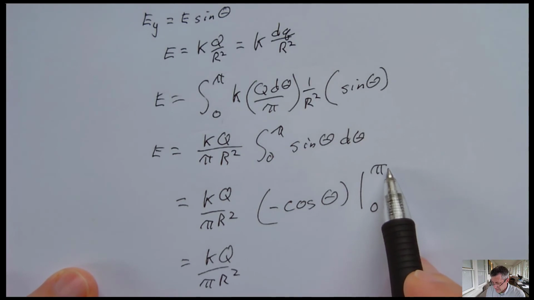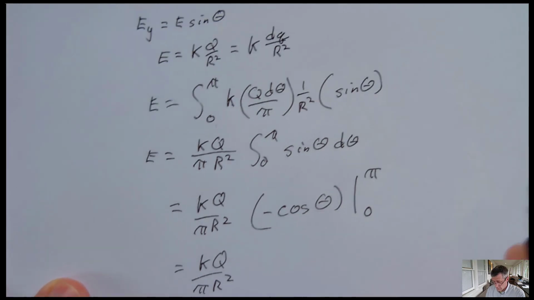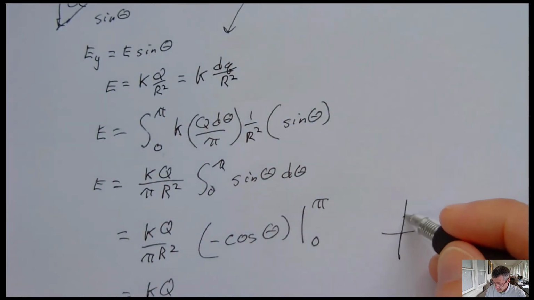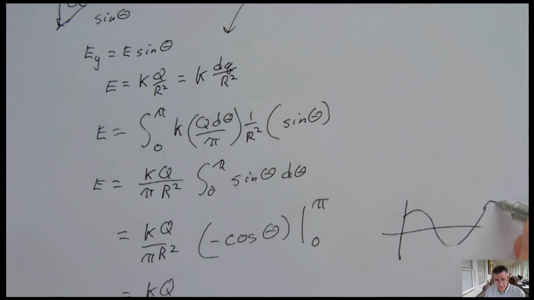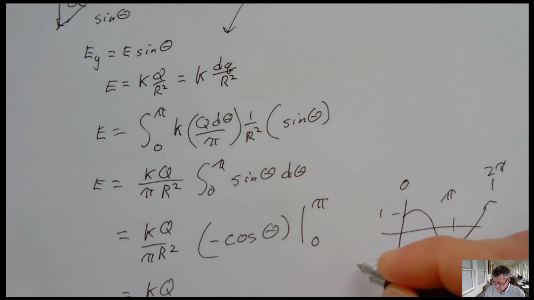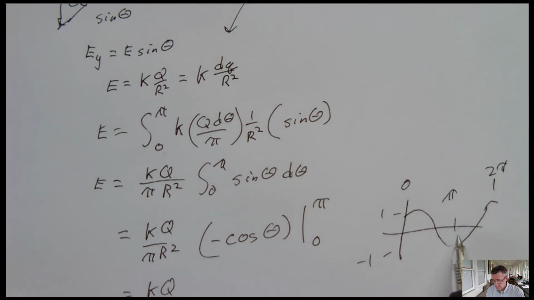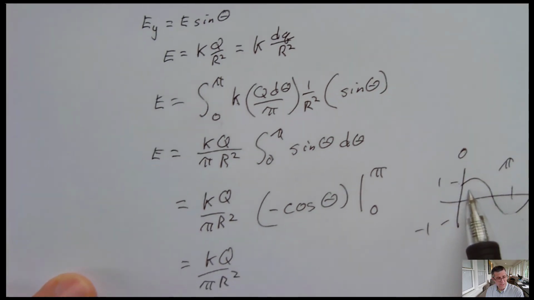Right? So when I plug pi into cosine theta, I'm going to get negative 1. As you may recall, the cosine graph is going to go like this and back up. So this is 2 pi. This is going to be pi. This is 0, right? So I'm going to have minus 1 at pi and positive 1 at 0.